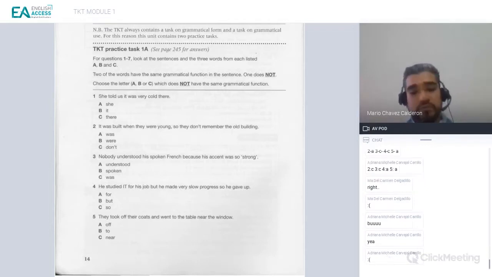In the other two, to and near, both of them are prepositions, but off is not. Good job. So the number 4 was A. Number 2 was C. Number 3 was B. Number 4 was A. And number 5 was A.